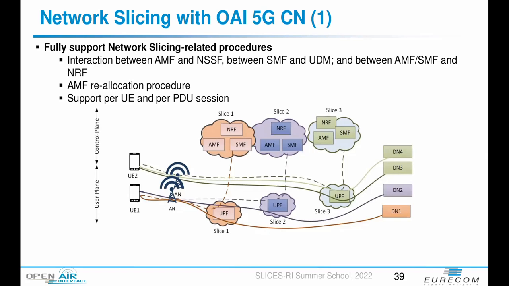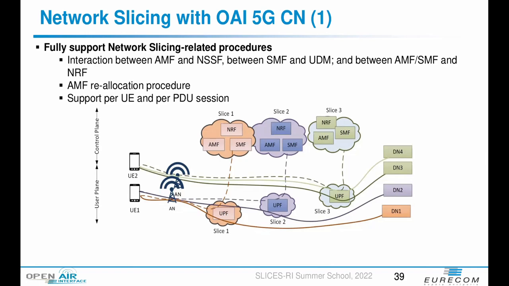That means when the UE attaches to the RAN and sends the request to the AMF, the AMF may not be configured with that slice, right? So in this case, the AMF will contact the NSSF to discover another AMF which can handle this UE, and pass the information to the target AMF so that the UE can continue to enjoy the services.